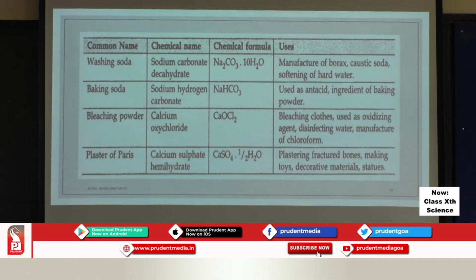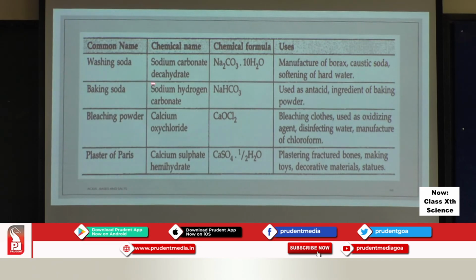Now before we move on, let us revise what we have done so far. We have learned 4 different types of chemicals. Their common names and formulas: washing soda, sodium carbonate decahydrate; baking soda, sodium hydrogen carbonate; bleaching powder, calcium oxychloride; plaster of Paris, calcium sulfate hemihydrate. You need to remember the common names of these compounds along with their chemical formulas and their uses.